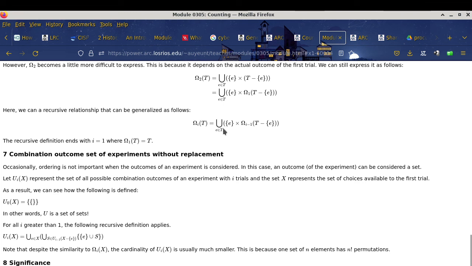This is a loop, looping over each element of T. This is not using a numeric index I. This time we are iterating through each element of the set T. If your set has A, B, C, D, E in it, we have one iteration with A as E, and then another iteration with B as E, C as E, D as E, and finally E as E. So we have 5 iterations in that case. Does everybody understand the notation of the big U where we're iterating through each element of T?